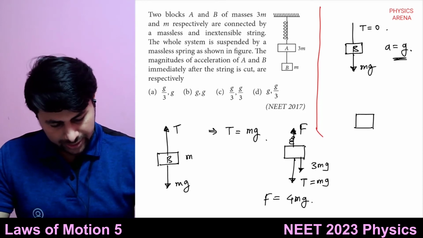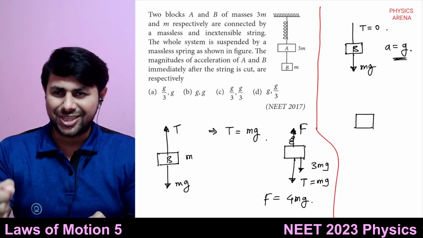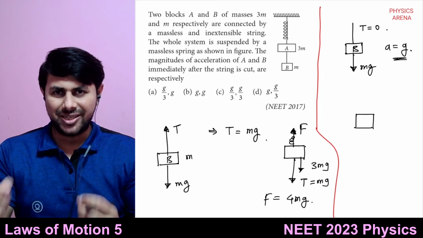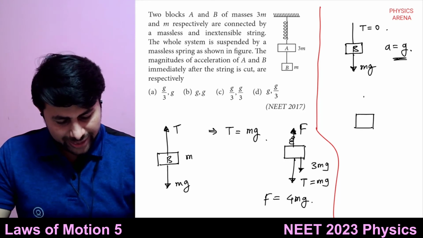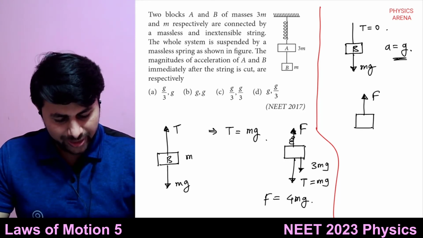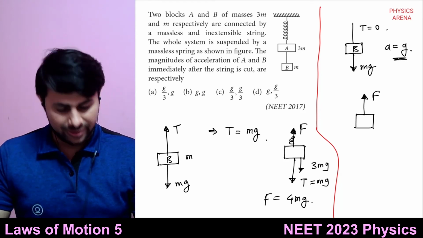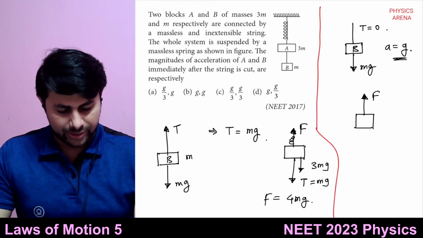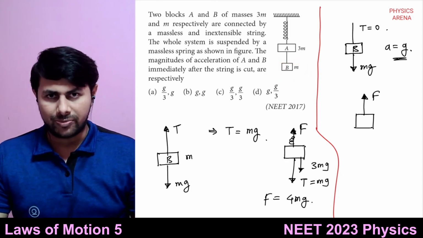And what happens to A when the string is cut? Now the spring is stretched. The moment you cut the string, the spring is stretched, so the net force upwards is F only. It won't change instantaneously. But the downward force changes, because this mass m is cut from there.